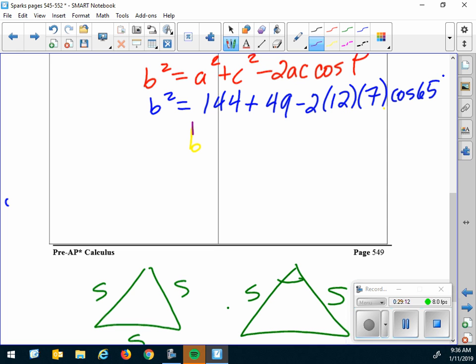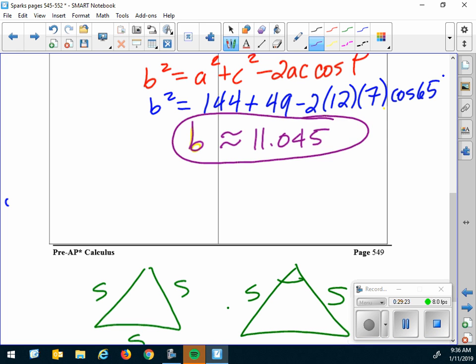B is approximately 11.045. Is that a degree measure? No, because it's a length. Store that. I would store it in B. Now remember, whatever was in there before is just going to be overwritten by this new value.